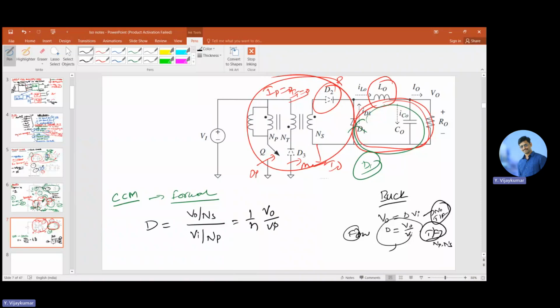Here, N is nothing but the transformer turns ratio, NS by N. So this is the duty cycle equation.